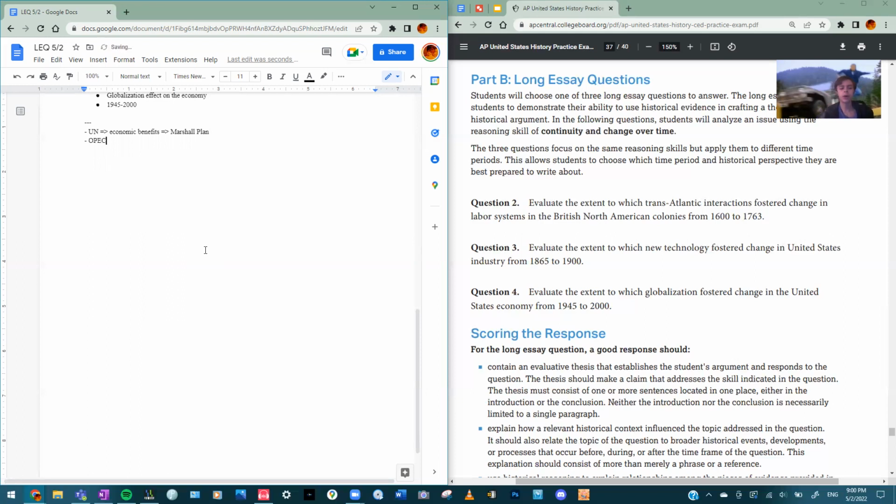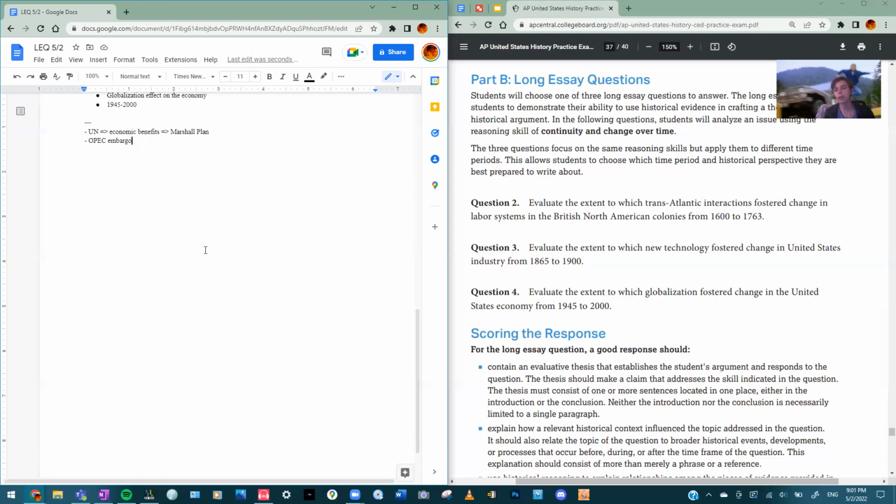I could say the OPEC embargo. It didn't necessarily say positive changes in the economy. Think about it. Globalization led to the interconnectedness of America wanting oil from the Middle East, and the OPEC embargo would not have occurred without globalization.